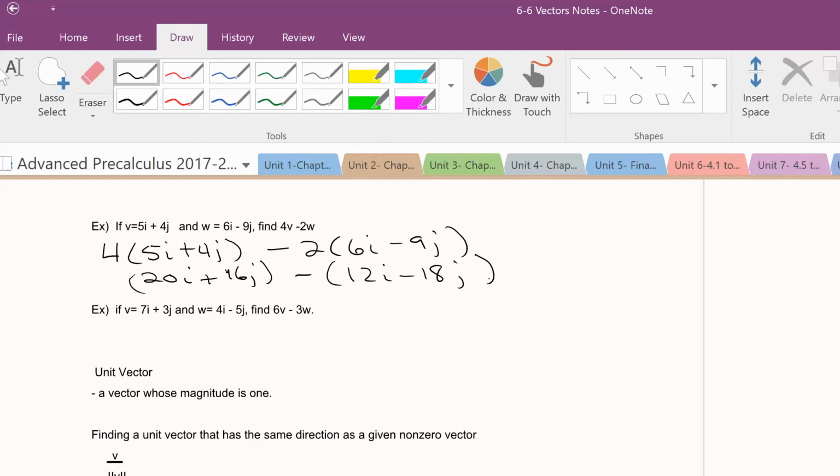So now I'm subtracting. So remember, I take and I subtract the i's. So I get 20 minus 12i plus 16 minus 18j. So I get 8i minus 2j.